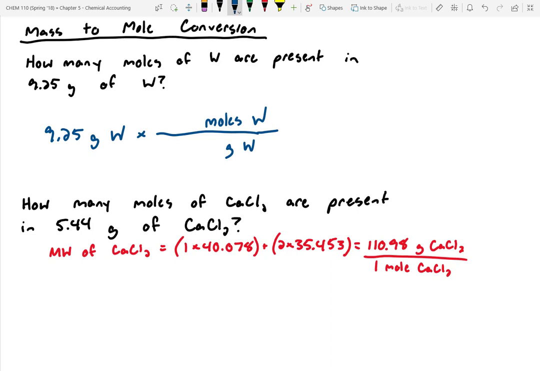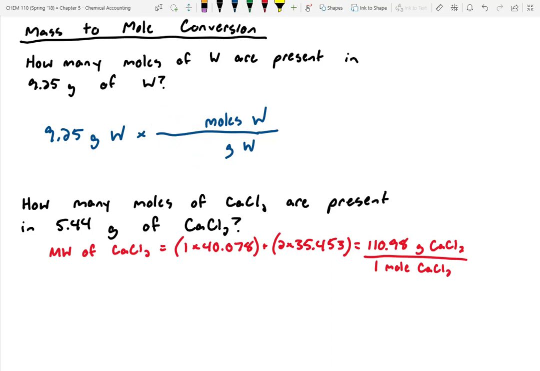Now the question is, all right, what number goes on the top and what number goes on the bottom? So we need to look at the periodic table to find that gram to mole ratio, right? So if we look at tungsten on the periodic table, it is atomic number 74. It's 183.8. So should the 183.8 go on the top or the bottom? On the bottom. It tells you how many grams there are per mole, right?